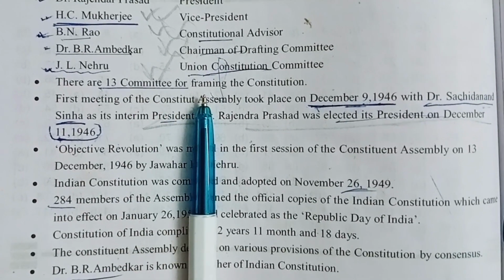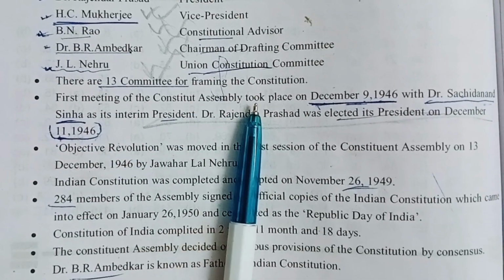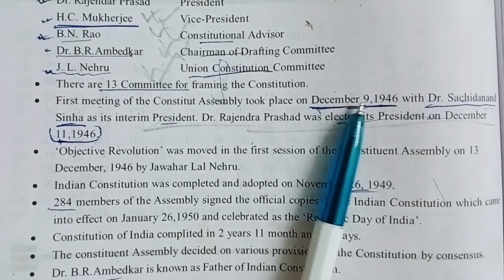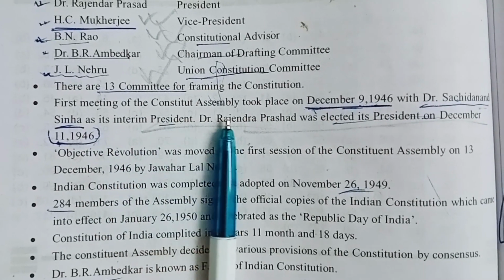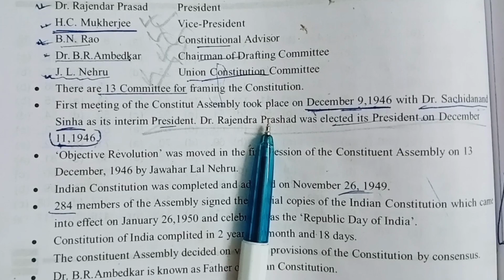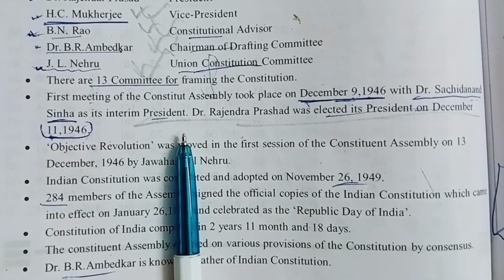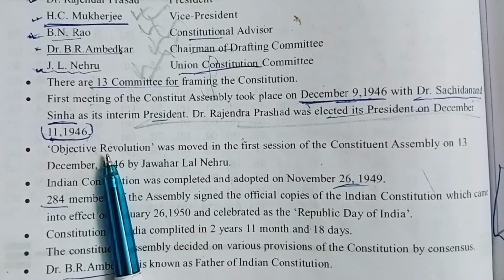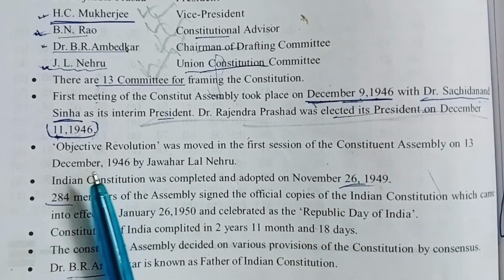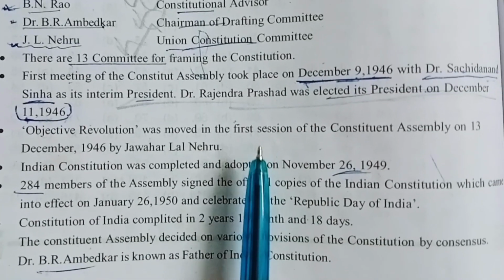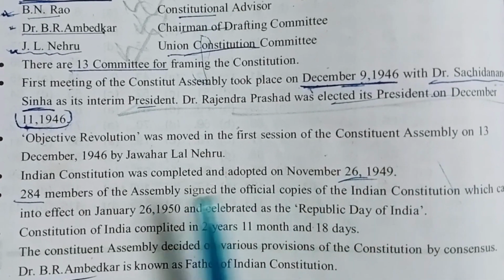Now there were 13 committees for framing the constitution, in total 30 committees. The first meeting of the Constituent Assembly took place on December 9, 1946 with Dr. Sachchidananda Sinha as its interim president, and Dr. Rajendra Prasad was elected its president on December 11, 1946. जो फर्स्ट मीटिंग कॉन्स्टिट्यूएंट असेंबली की हुई थी वो 1946 में, डॉक्टर सच्चिदानंद सिन्हा इंटरिम एंड राजेंद्र प्रसाद प्रेसिडेंट के लिए इलेक्टेड हुए. The Objective Resolution was moved in the first session of the Constituent Assembly on 13 December 1946 by Jawaharlal Nehru.